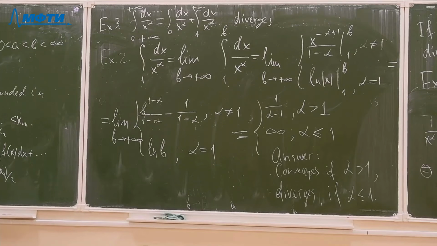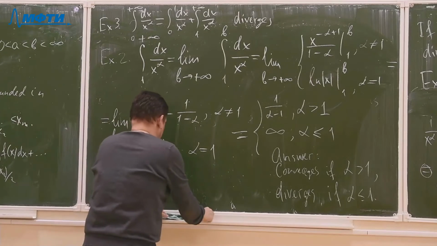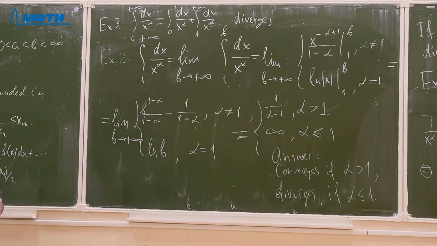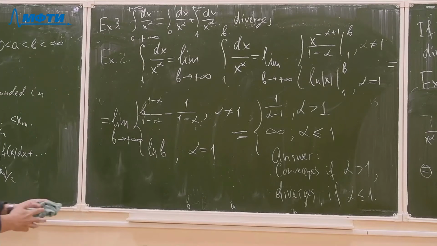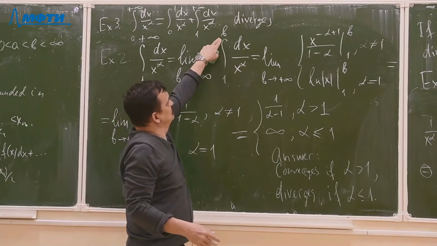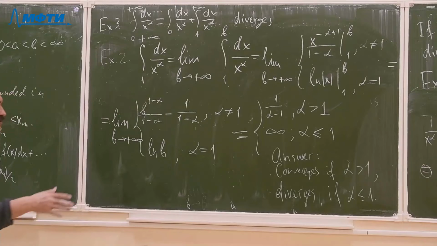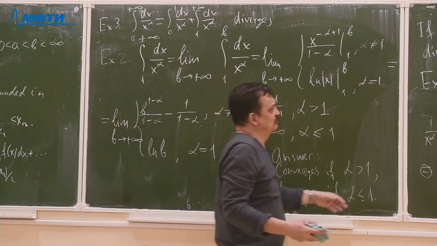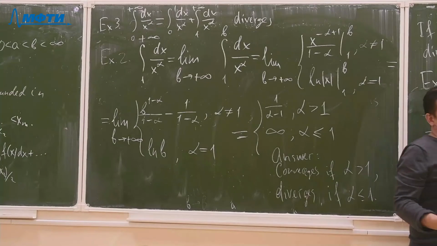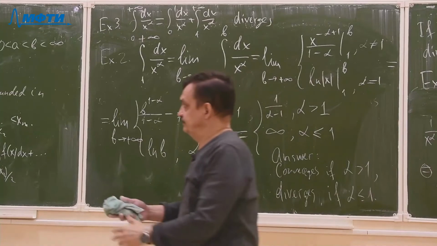Now, from now on, in theory, I'll consider only problems in the upper limit, and I'll not consider problems with the lower limit because they are similar.